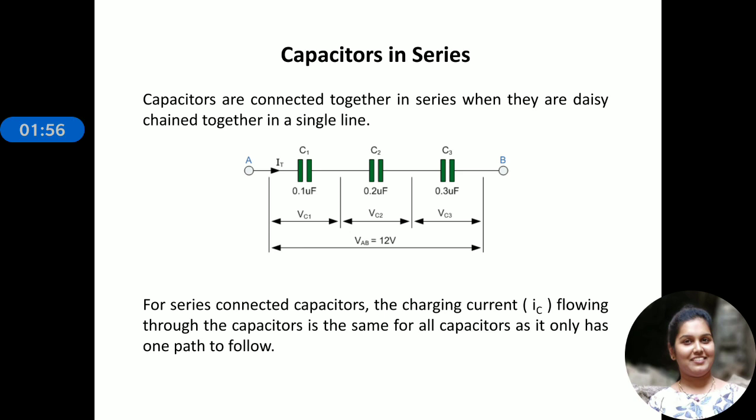So as you can see on the screen, I have taken a series capacitor circuit in which I have connected three capacitors C1, C2, C3 in series fashion between the terminals A and B. You can observe that one end of capacitor C1 is connected to the starting terminal of capacitor C2, and the end terminal of capacitor C2 is connected to the starting terminal of C3.